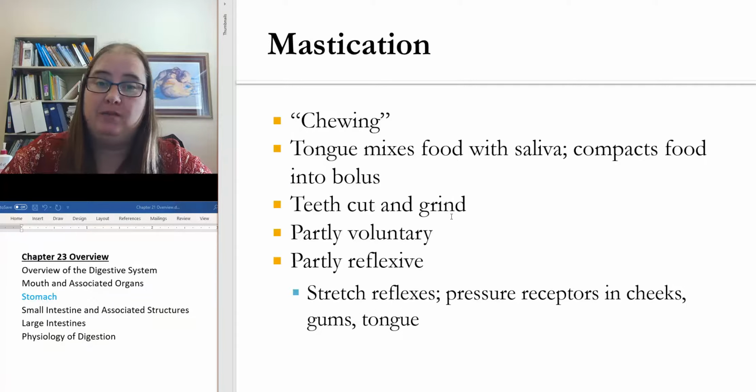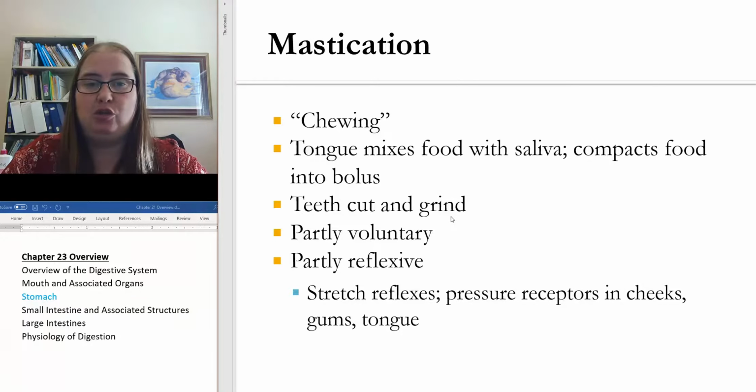Now, in terms of mastication and deglutition, which is chewing and swallowing, mastication is just a fancy word for chewing. Obviously, it's going to involve the tongue and the teeth and the cheeks. The whole purpose of mastication, again, is to form that compacted food ball called our bolus.